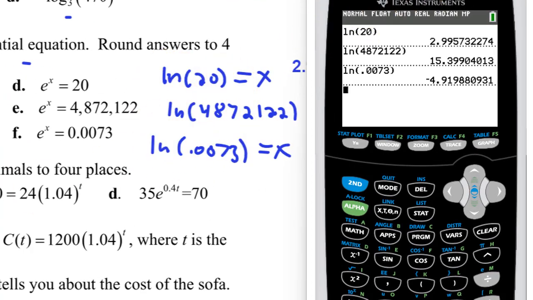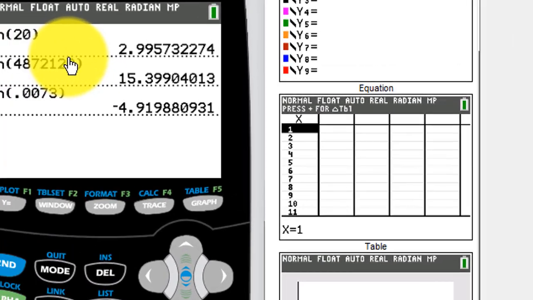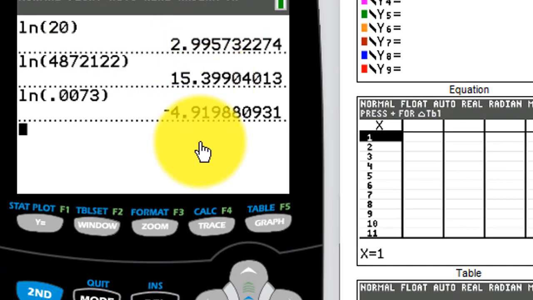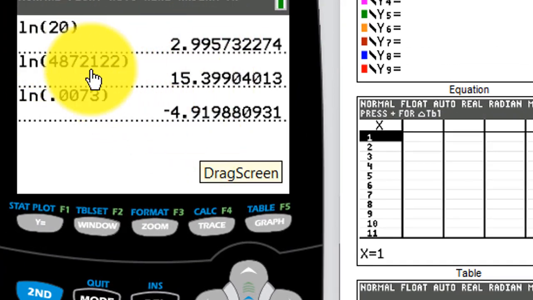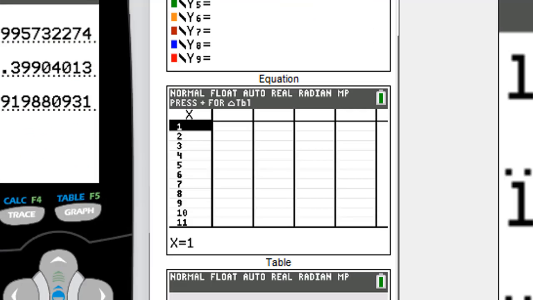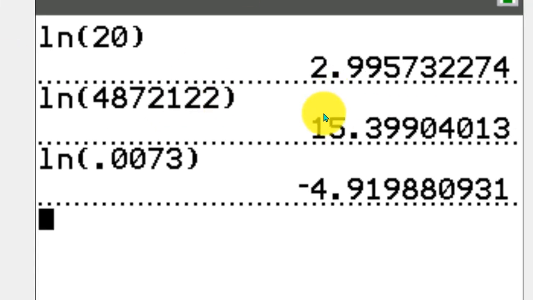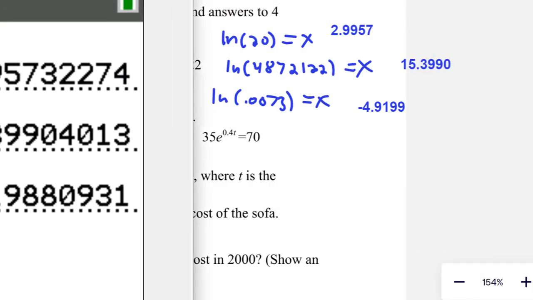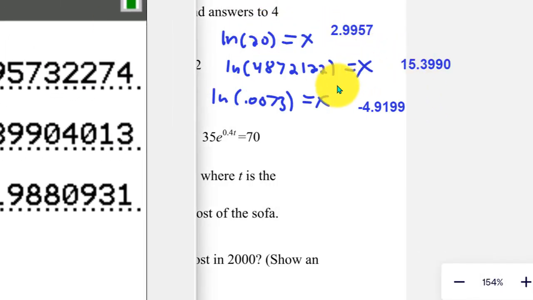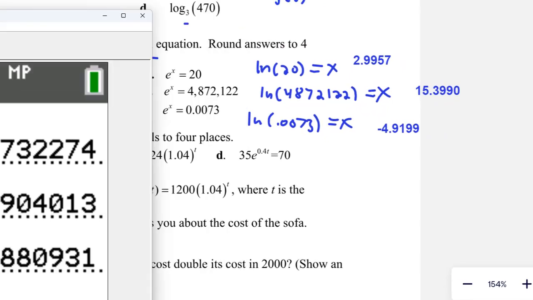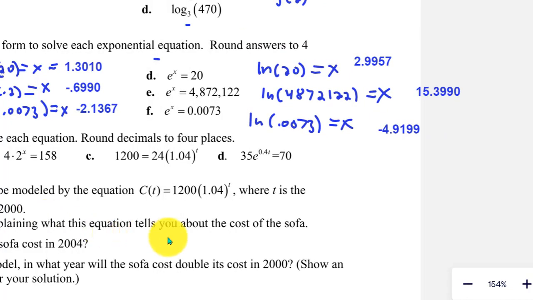So when I enter all of this into my calculator, you can see these are my three answers for D, E, and F. Natural log 20, natural log 4,872,122, natural log of 0.0073, right? And then these are the answers that correspond. So I took the liberty of writing them out here for you, okay? So that is question 22.